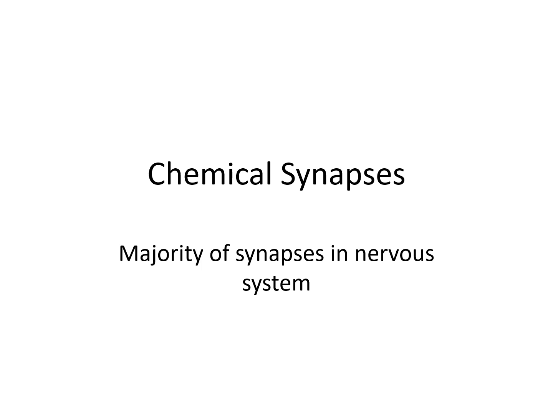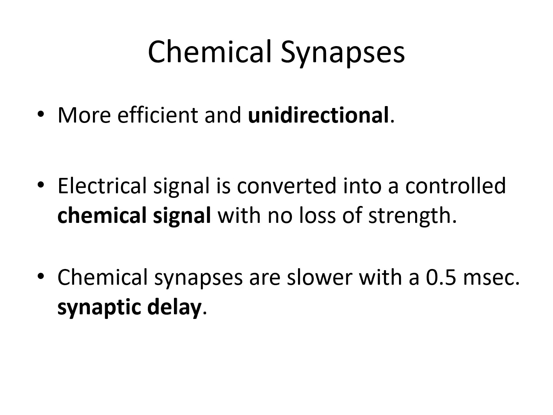These are the majority of synapses in the nervous system. Chemical synapses are more efficient and unidirectional, meaning they only go one way, from the presynaptic neuron to the postsynaptic neuron. The electrical signal is converted into a controlled chemical signal with no loss of strength. You might say, well, why would a chemical signal be more efficient?